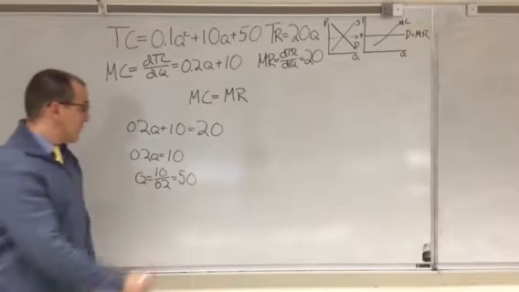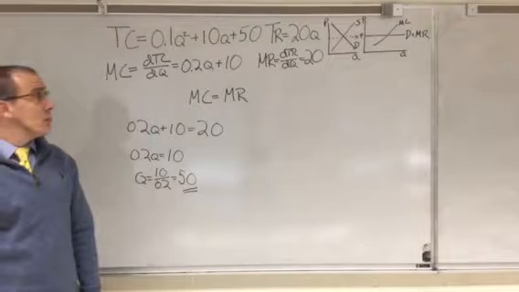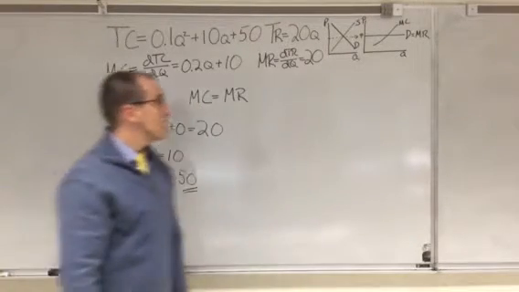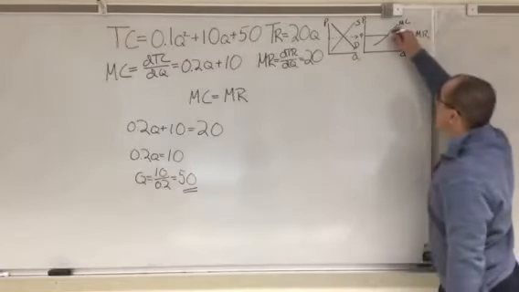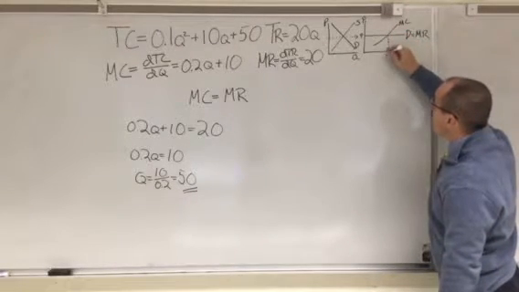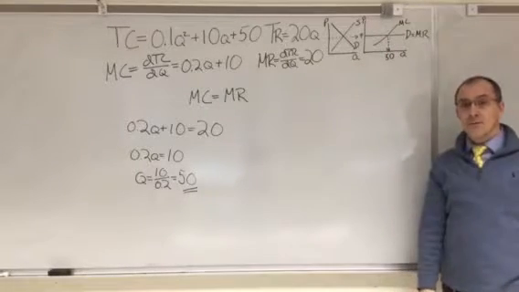In other words, 50 is the quantity that this company should be producing where it will maximize its profits. That is, here where my marginal cost curve equals my marginal revenue curve, the quantity is 50.